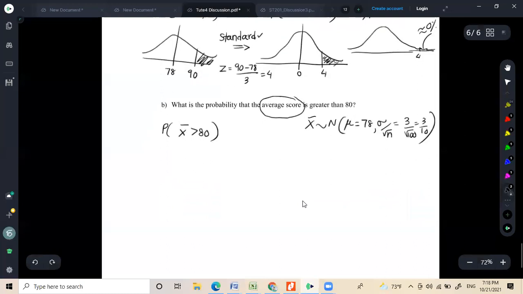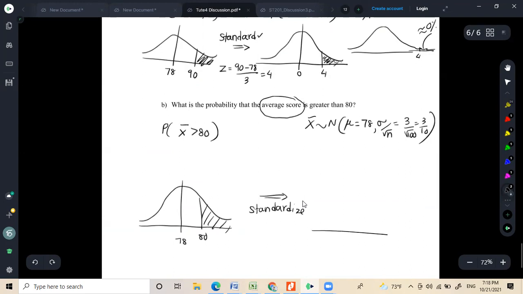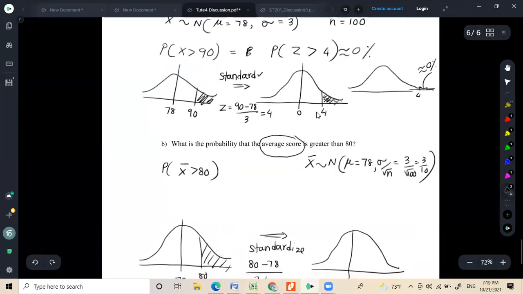Now I'll do the same thing again, but with the different standard deviation. So here's our exam. 78, here's 80. You need greater than 80. Standardize. Find the Z score for 80 minus 78 divided by 3 over 10. Hold on, no, it is wrong.